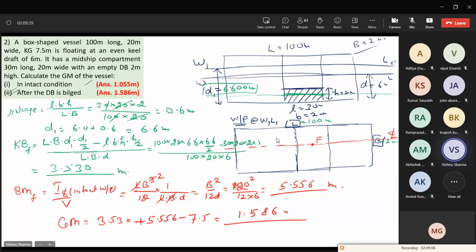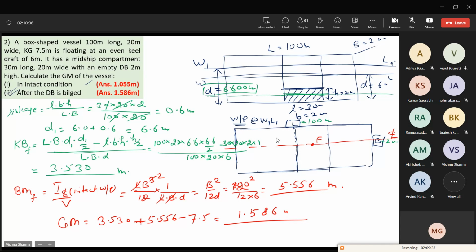I hope the things are falling in place now gradually, beta. Yes, sir. Okay, it will fall in place, don't worry. These are not difficult ones. They are reasonably okay. So what do you see here? Here the GM is increased. Before bilging it was 1.055. Now it is 1.586.